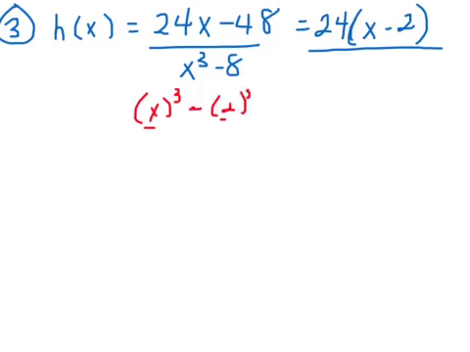So I take that x and the 2, and what I do to factor it, I subtract them. I say x minus 2, and then I square the first term, x squared, and multiply the two terms by each other, so this will be a plus 2x, because if you remember the factoring pattern, if there was a subtraction in the first parentheses, the very first operator sign in the second parentheses will be the opposite of what you had there. So it's a plus 2x, or you could look up the formula. And then it's plus the 2 squared, which is 4.